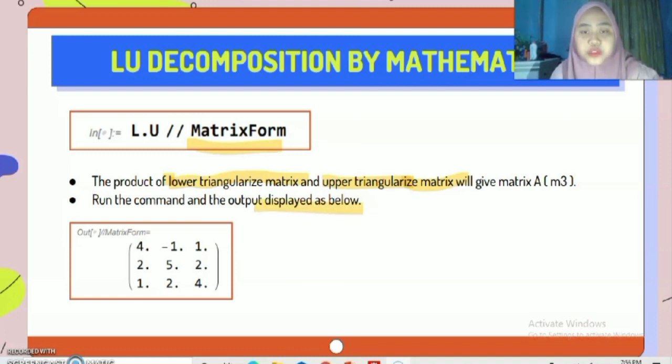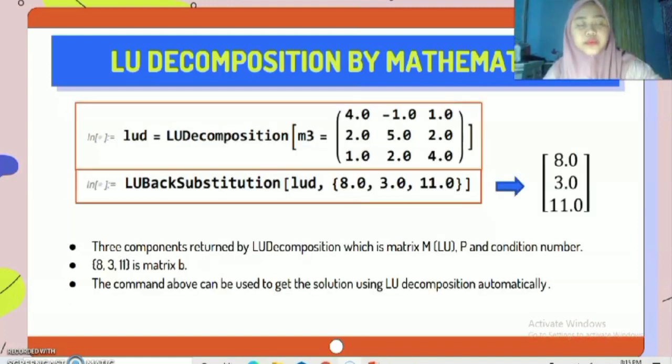So the output will give us the matrix A. Input: LUD equals LUDecomposition of the matrix {{3, 4, 2}, {1, 5, 2}, {1, 2, 4}}. Next, LUBackSubstitution[LUD, {8, 3, 11}].